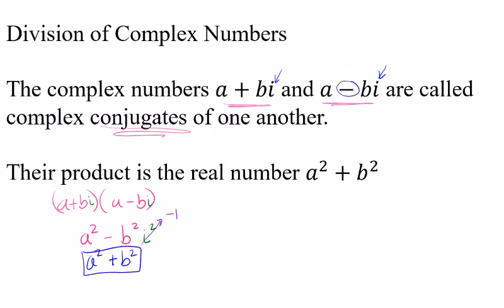Okay, so negative b squared times -1, that's how we get positive b squared. So the product of the two complex conjugates is always a squared plus b squared, okay?